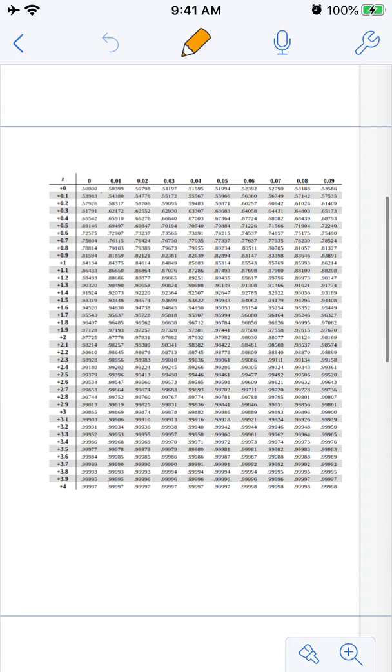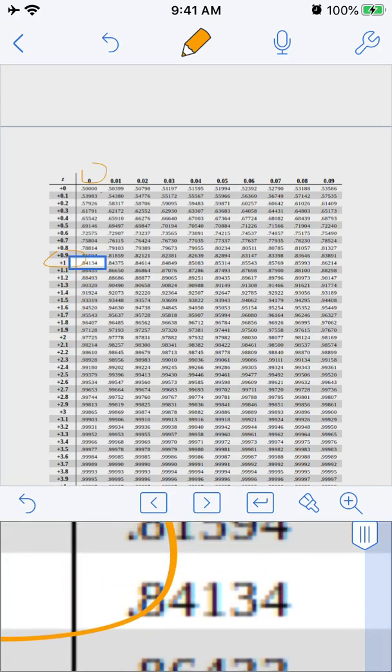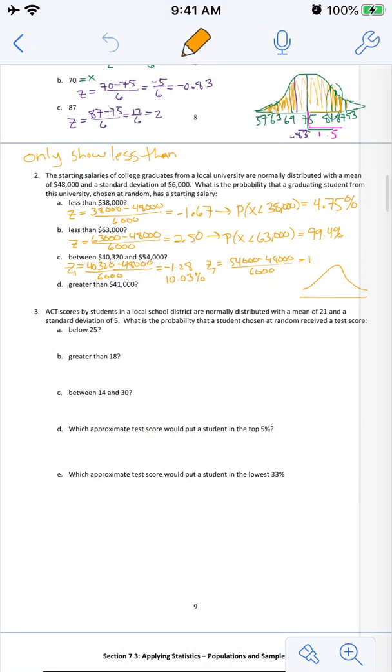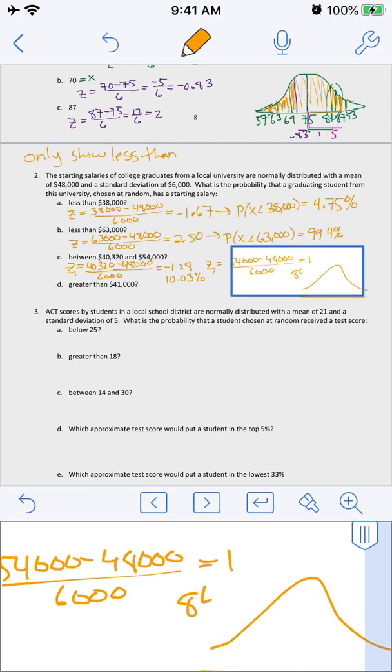Let's go to 1.00, and we get 84.13. It's close to 84.